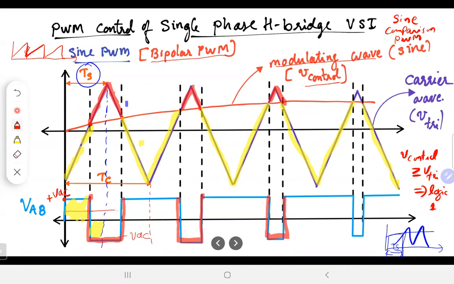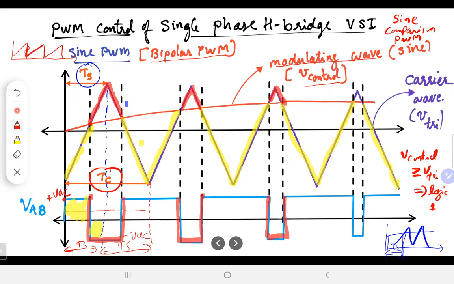And now the next TS period comes here. Okay, so this is a TS period. This is another TS period. And this together is a TC period. The triangle frequency or the carrier frequency is dependent on TC. And we call the sampling period half of the triangle period.